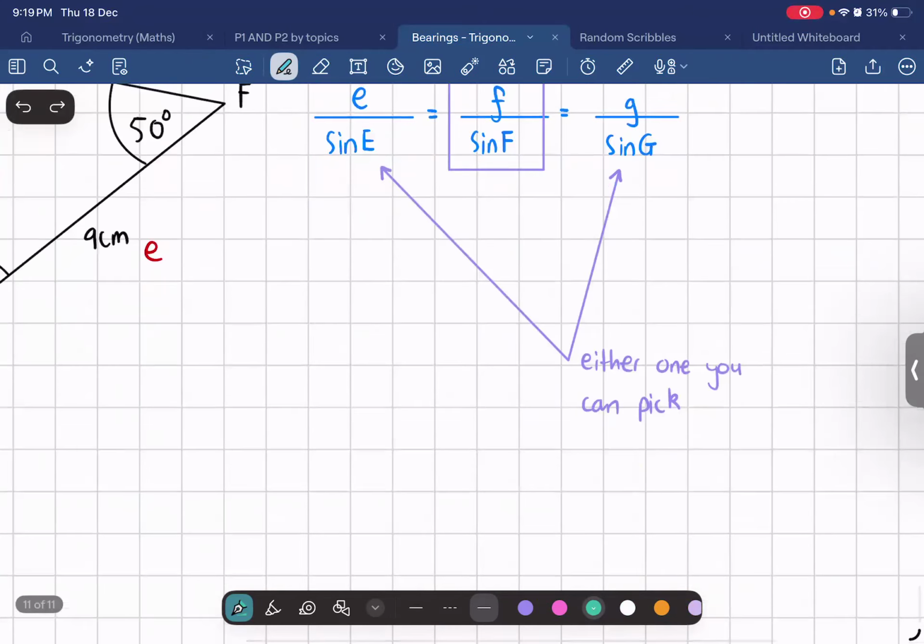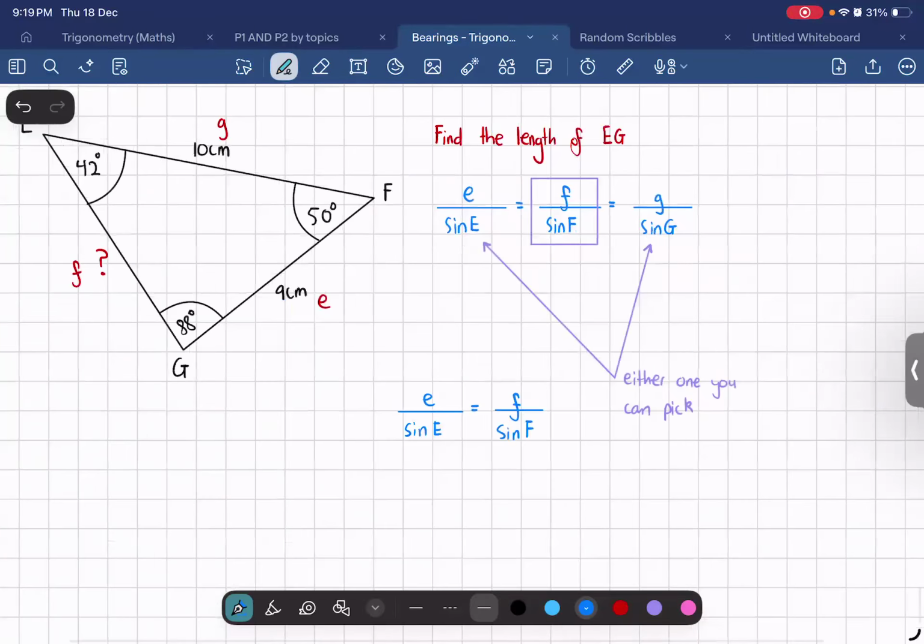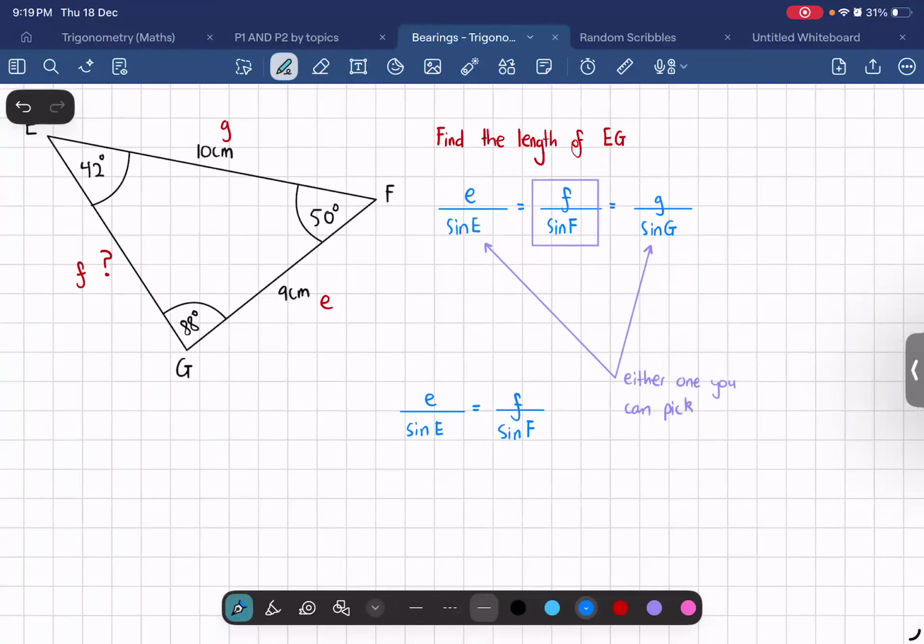So we will end up with e all over sine E, and that'll be equal to f all over sine F. Right? So tell me what to plug in. What is e? e is 9.